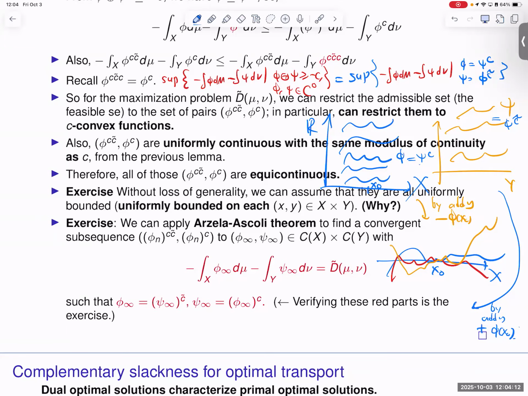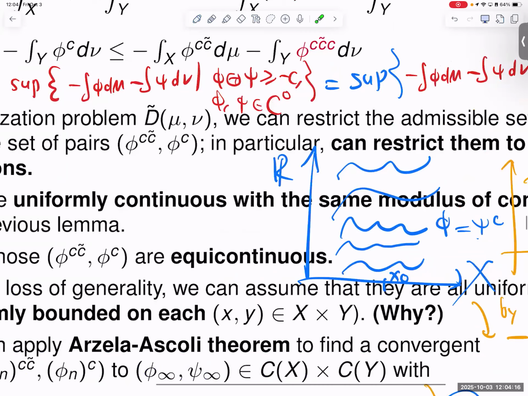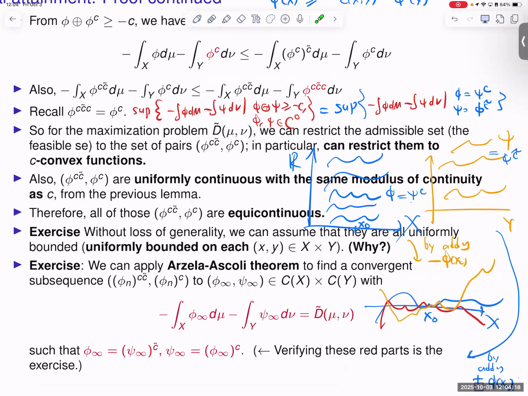Why are we doing this? In the original expression of the objective function, you have these two integrals. If you add or subtract some constant there, you will have that constant times the integral of d mu. If you add a constant, you will have this additional term, but then you will change the objective function, and you don't want to change the objective function.